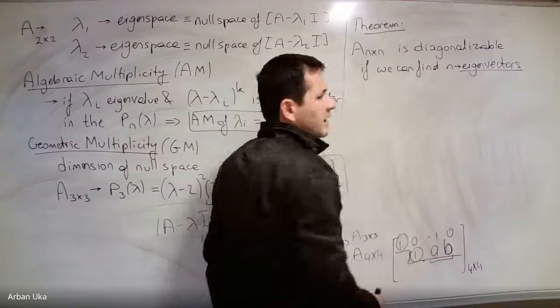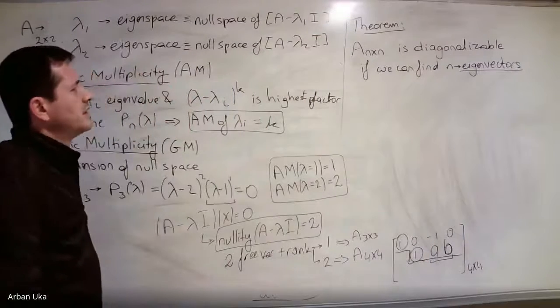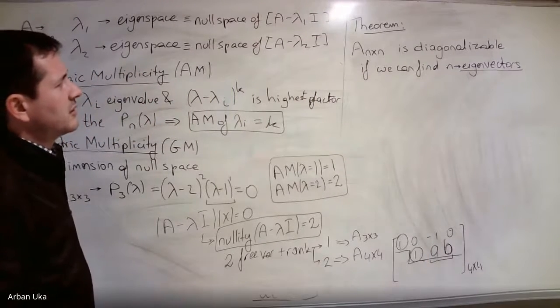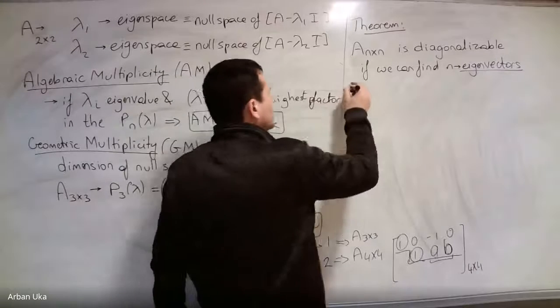So if we can find n eigenvectors, then we say that the matrix n by n is diagonalizable. This is one important theorem.